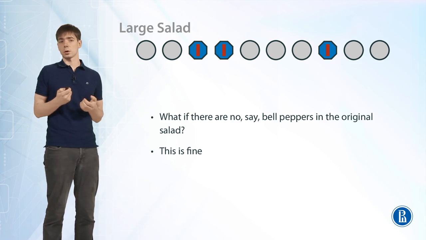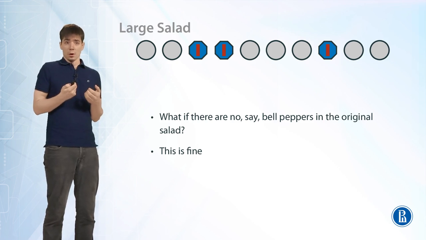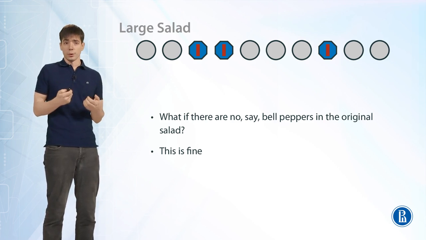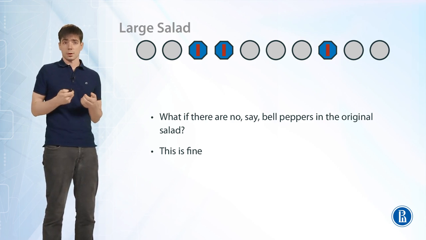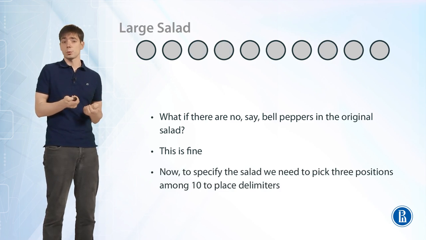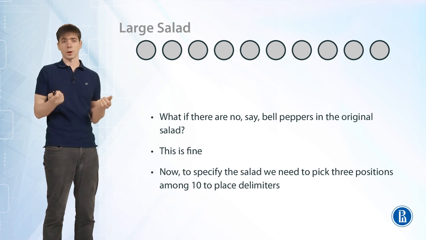Okay, now let's proceed with the proof. What do we need to specify to fix a particular salad? Okay, now it turns out that this is simple. We need just to specify where to place 3 delimiters among these 10 positions. If we specify 3 delimiters there, then our salad is ready.